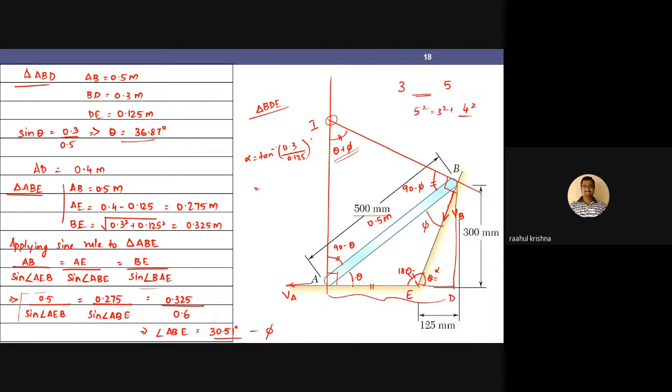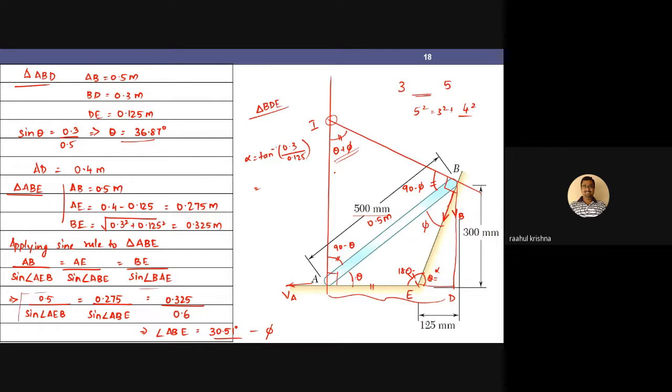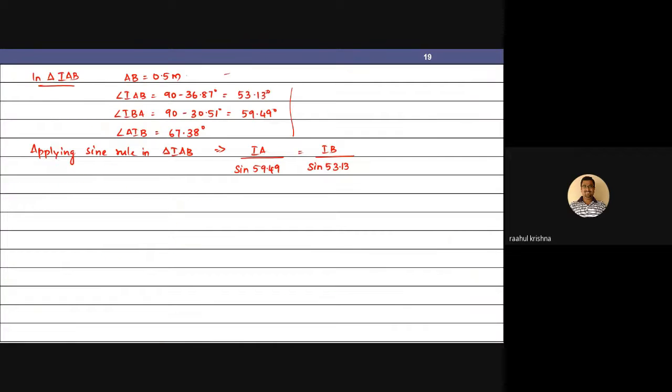So I have IA divided by sine of angle IBA, divided by sine of 59.49, equal to IB divided by sine of 53.13. And the angle IB is 90 minus theta. So 90 minus theta is 53.13, equal to AB divided by sine of 67.38.